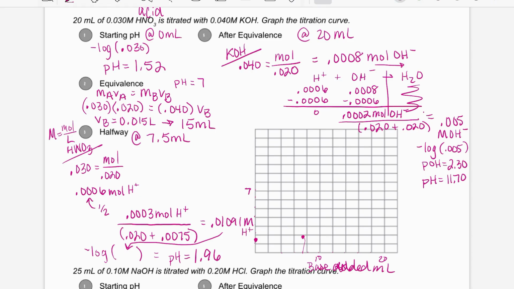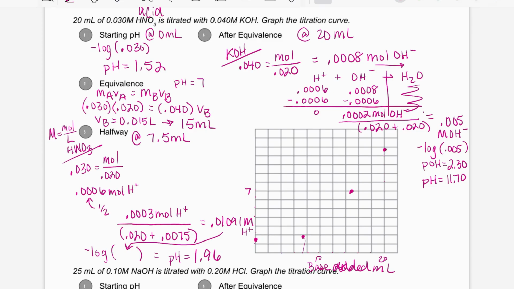And then my equivalence point was at 15 milliliters, so 10, 12, 14, 15, and that's going to be at 7. And then after equivalence, at 20 milliliters, I had a pH of 11.7. So 7, 8, 9, 10, 11, almost to 18.